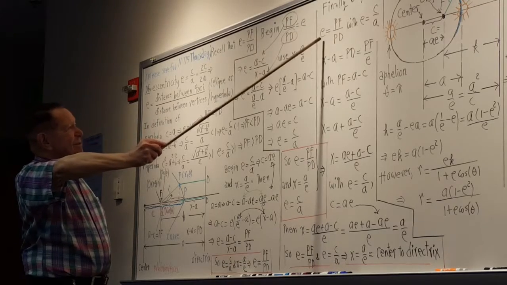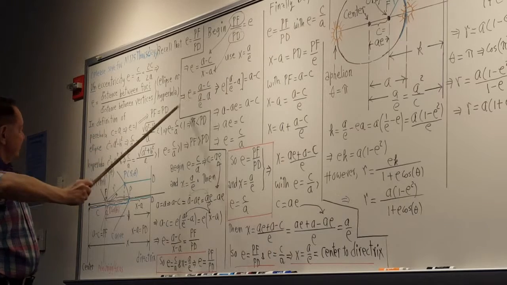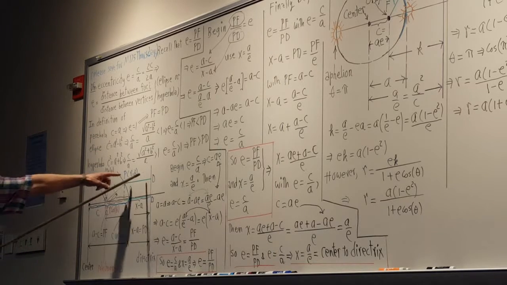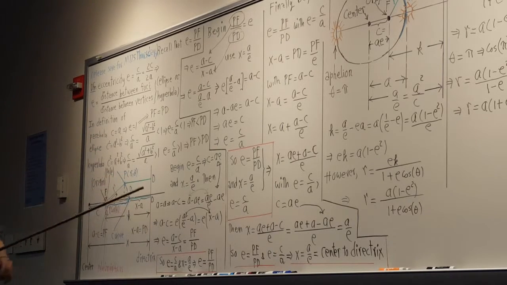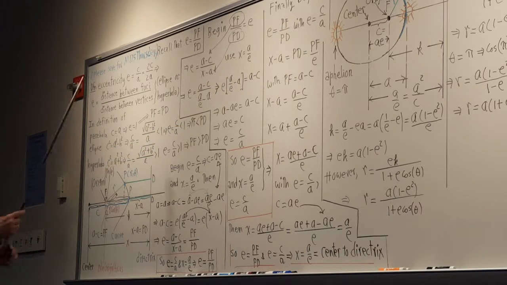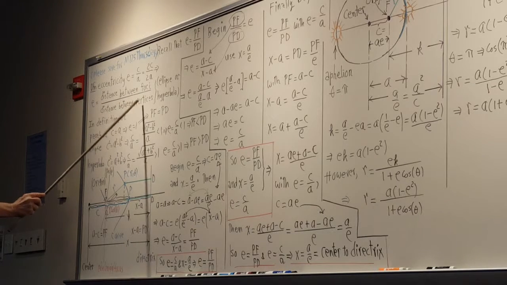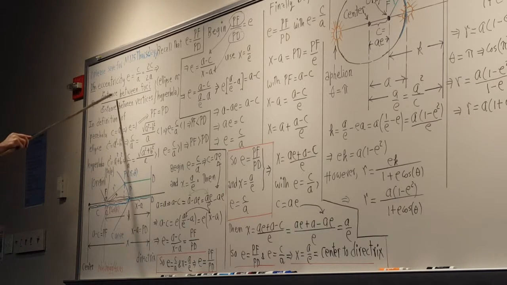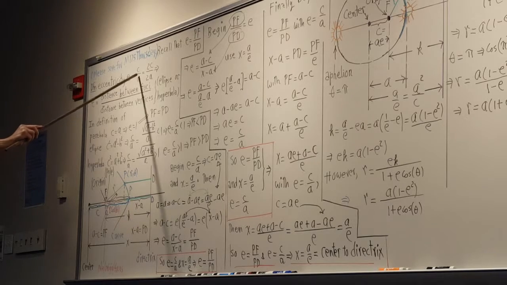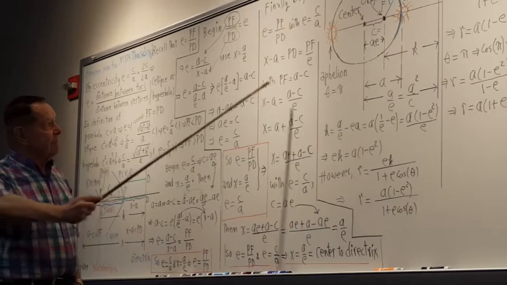Okay. So begin with E as this ratio of the two lines, these two distances, and also the ratio of the distance between the foci and the distance between the vertices, which is what the C over A really amounts to.